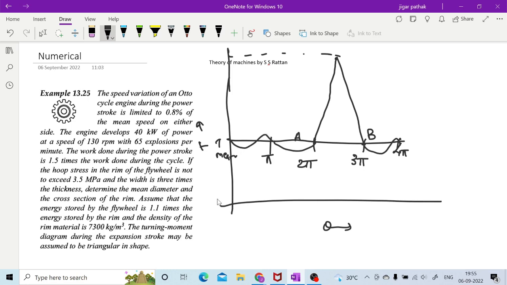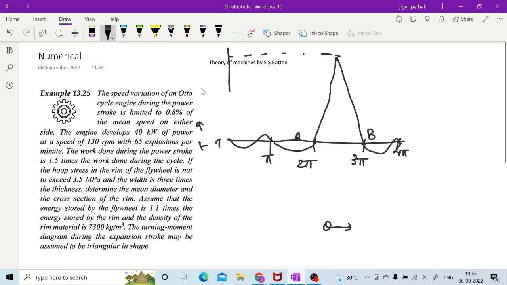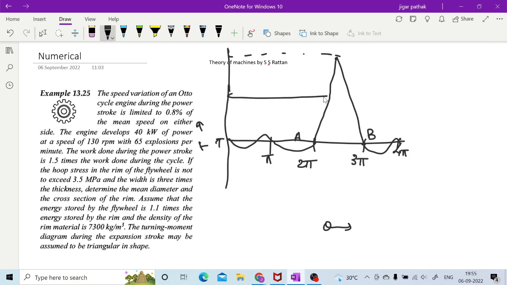If you give this nomenclature, you can write A, B, sorry, actually it is shifted. Yes, like this. This is theta, this is T, and somewhere here you will have your mean, T mean. It will start with 0.